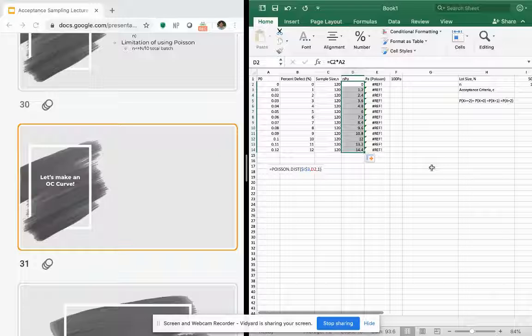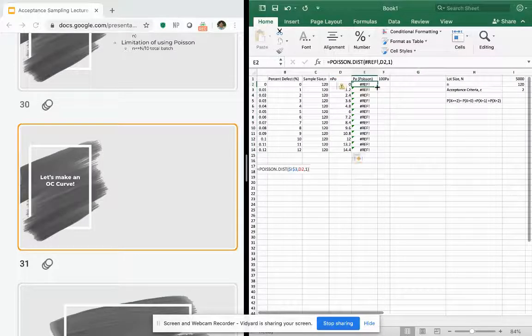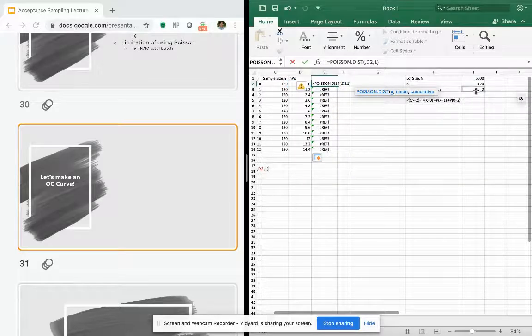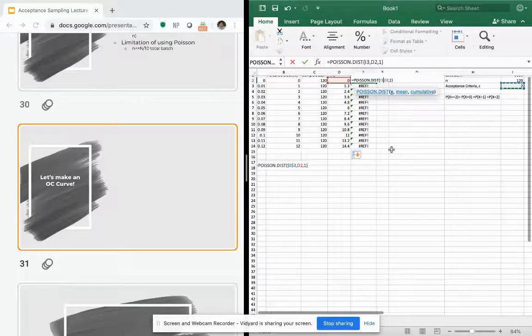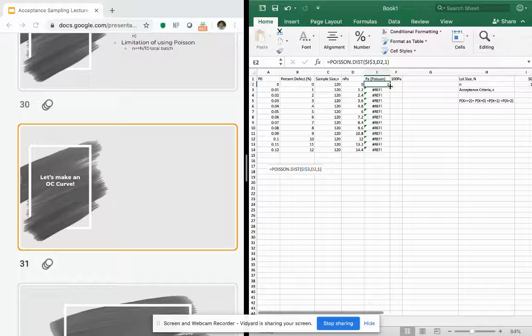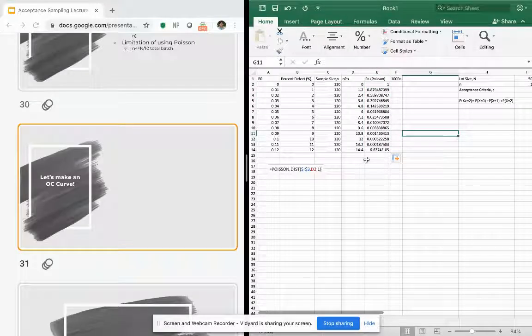So let's calculate the probability of acceptance using the Poisson distribution. And I already had the calculations done here, but I have a screenshot showing the formula I used.